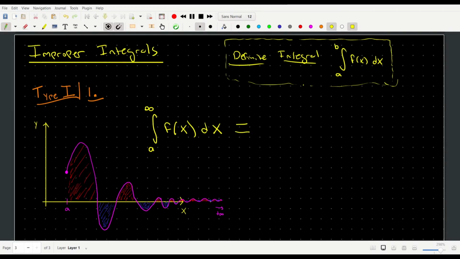So the definite integral of type 1, subtype 1, over an infinite interval where the upper bound extends to infinity is defined as the limit as b goes to positive infinity of the definite integral from a to b of the function f of x dx.